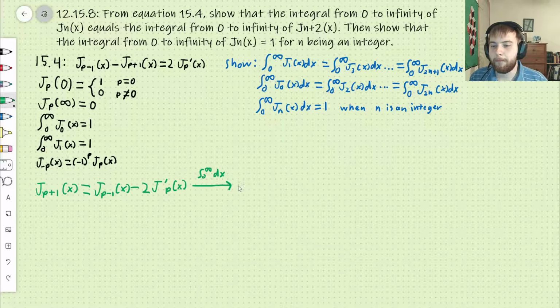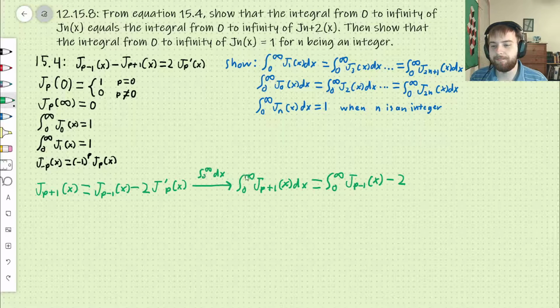So this is going to be the integral from 0 to infinity of the p plus 1 order Bessel function, and that's going to equal the integral from 0 to infinity of the p minus 1 order Bessel function, and then minus 2, and what's this last term going to be?